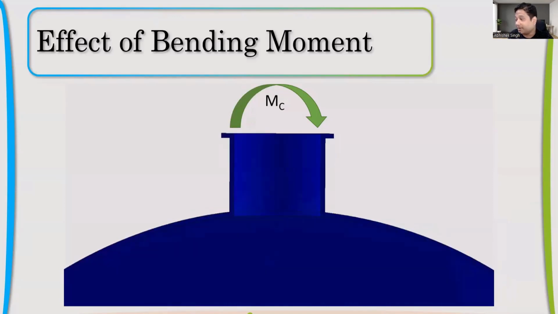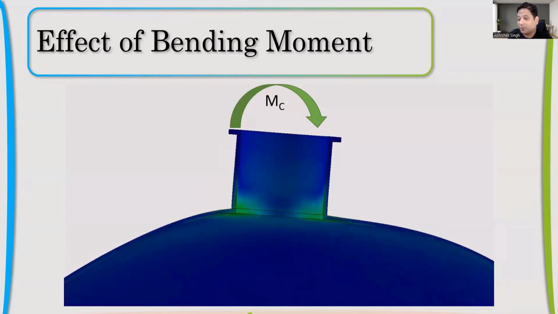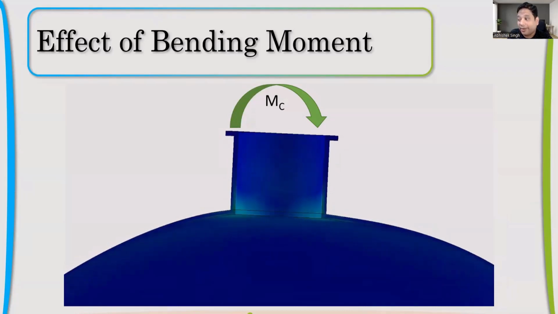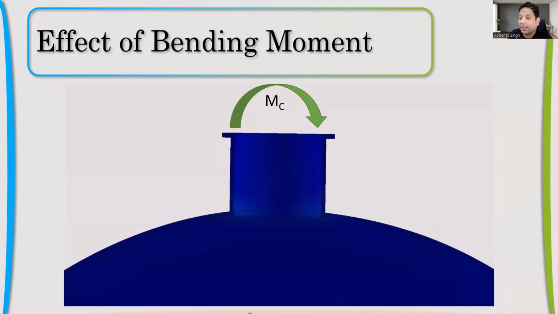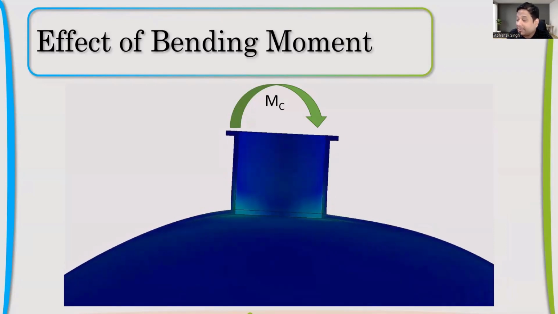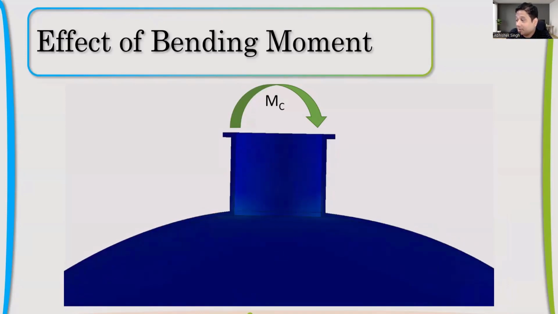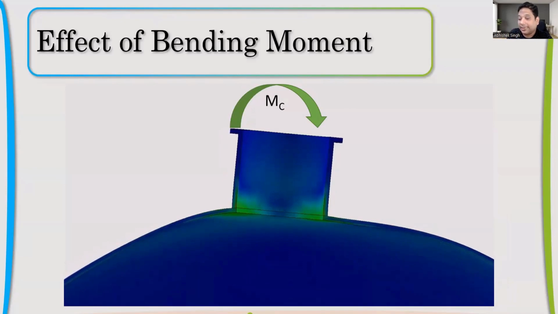Because of circumferential moment, how it will not be shear, Himanshu? We'll talk about shear when it is only because of torsion, MT. MC and ML and also P will not create any shear. Okay, so hope you're able to visualize this.